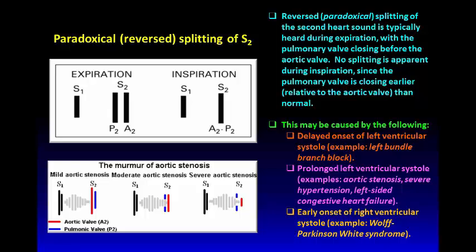So in this case, the right ventricular systole would end before left ventricular systole, resulting in earlier closure of the pulmonary valve and paradoxical splitting of S2.